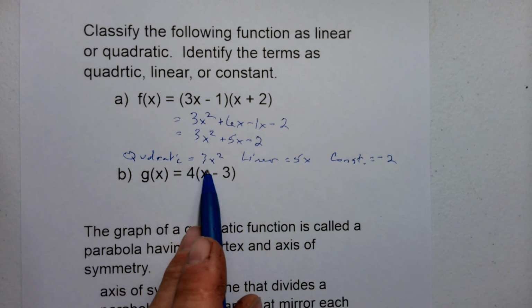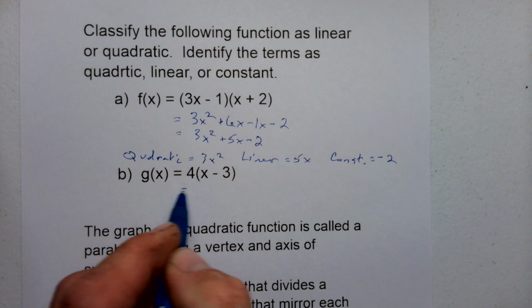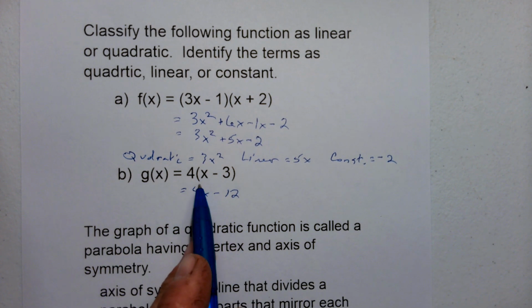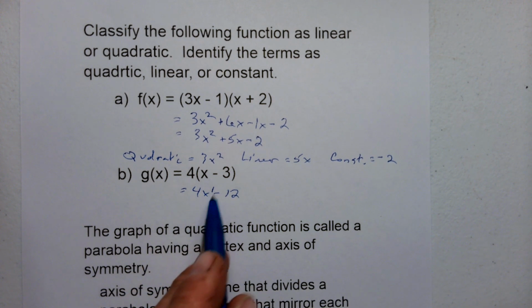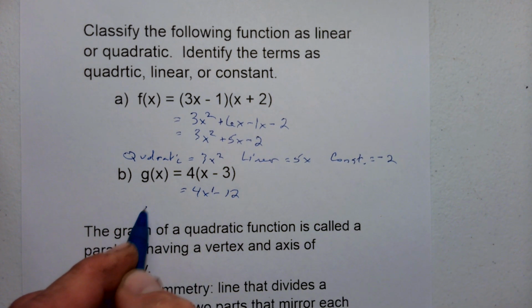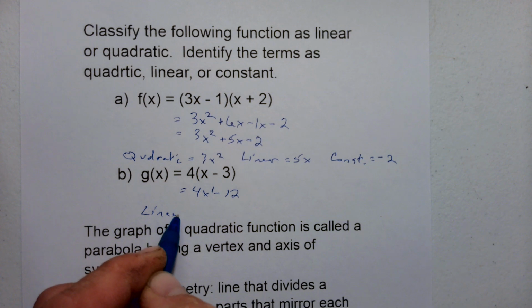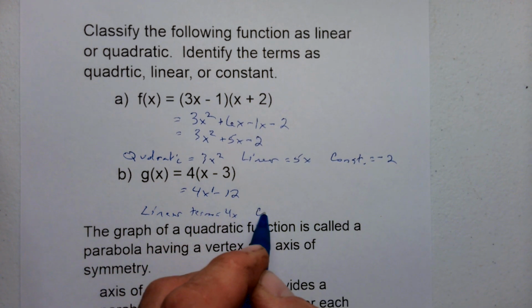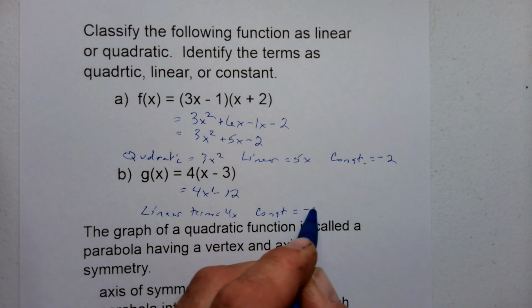If I distribute this 4 into that quantity, I end up with 4x minus 12. Notice we don't have an x squared term. We only have x to the first. That makes this a linear function. So our linear term is the 4x to the first, and our constant is going to equal that negative 12.